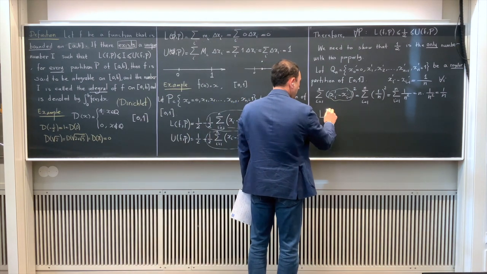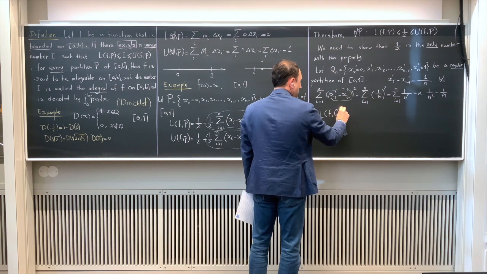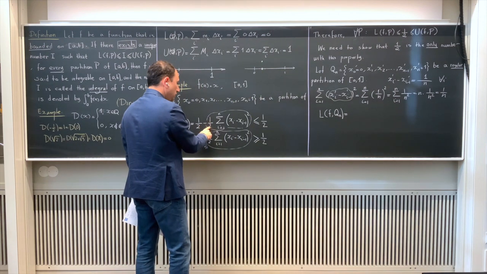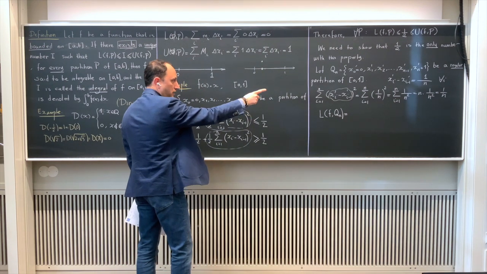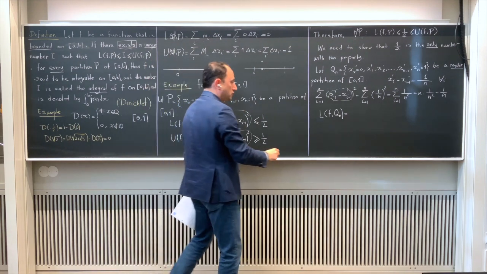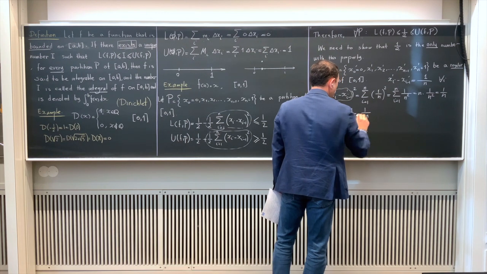Yeah. So then if I go back here, then what can I say? I can say that the lower sum for f that corresponds to this partition is equal to 1 over 2 minus 1 over 2 times this, which I calculated for you. It's 1 over n. So it becomes 1 over 2n. Yes? So it becomes 1 over 2 minus 1 over 2n.